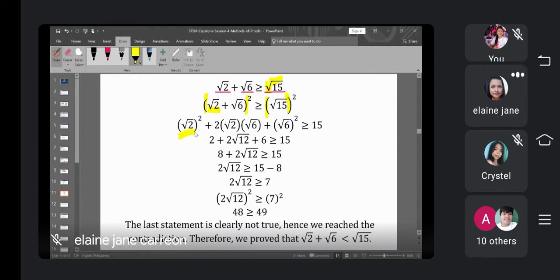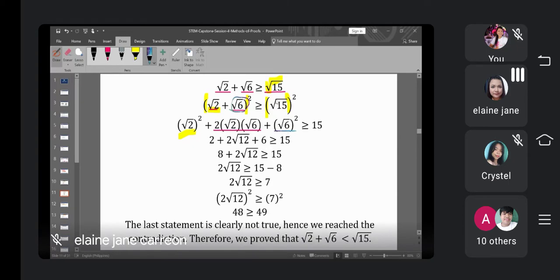Ito yon. The second term, the middle term, will be the product of the first and the second, so square root of 2 times square root of 6 times 2. This is the rule, okay? Twice the product of the first and the second. Next, the third term, ito yun. We just square the last term.